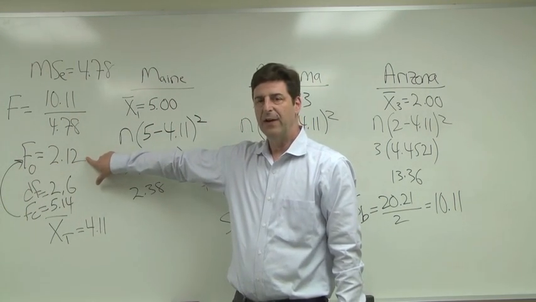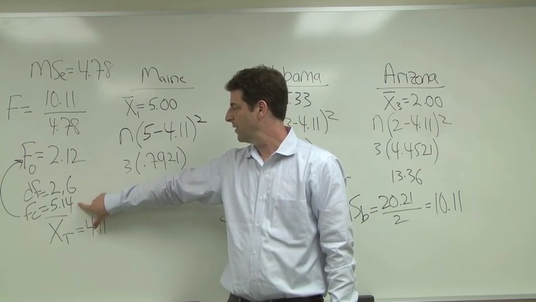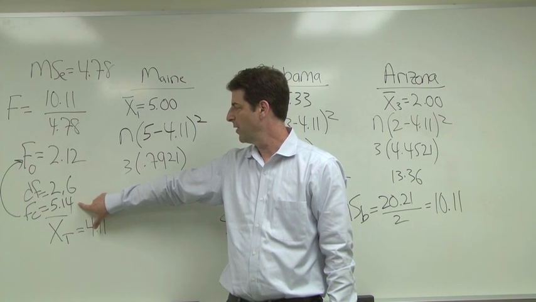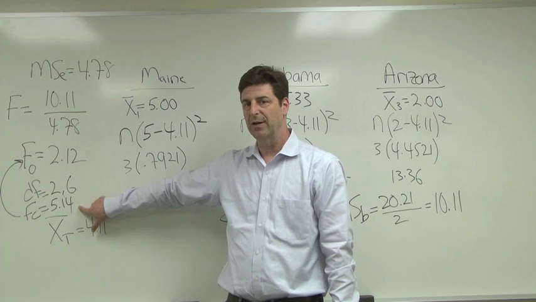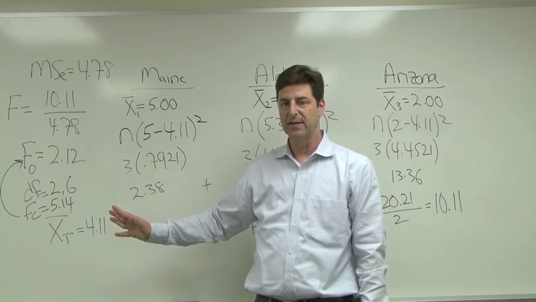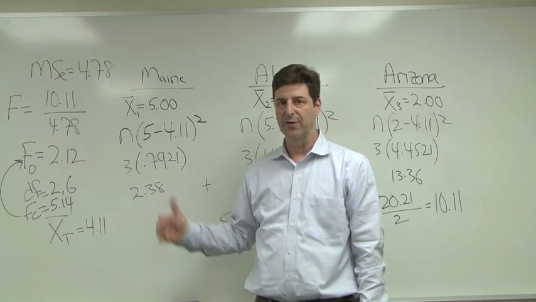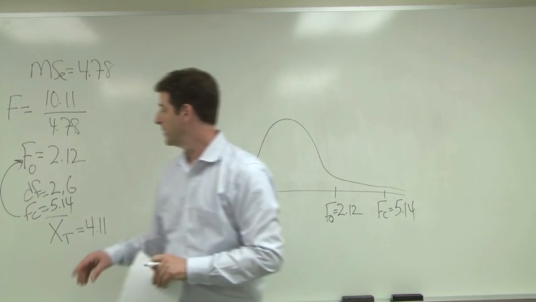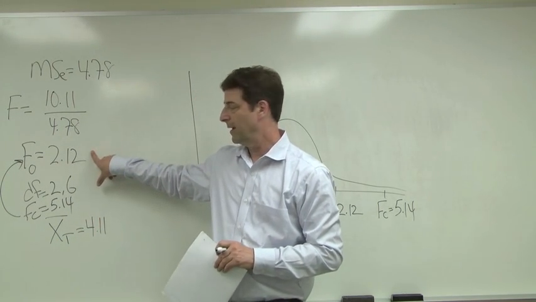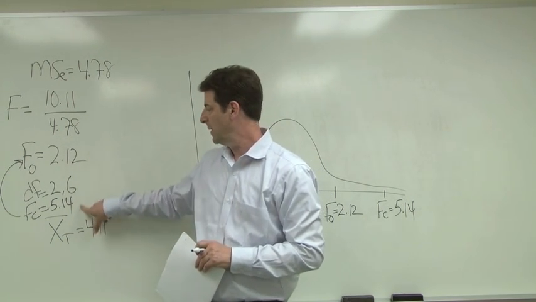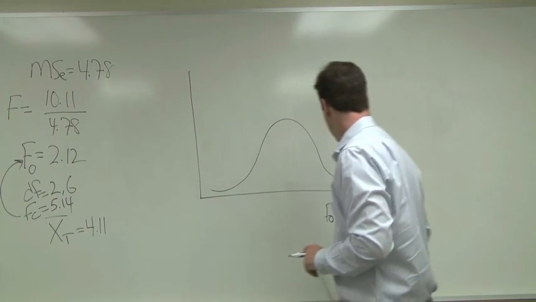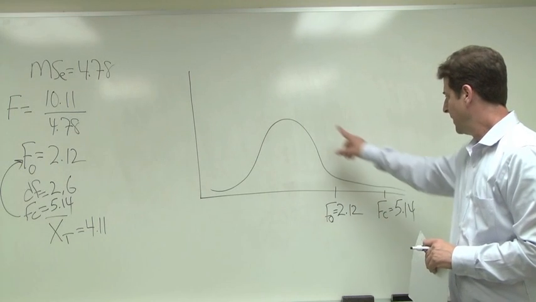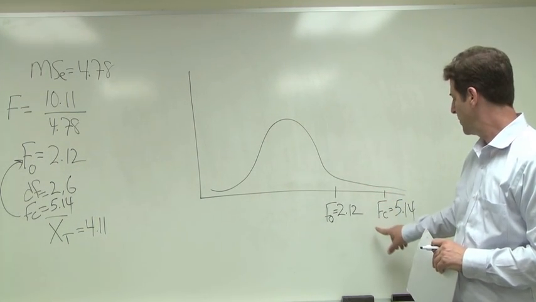Our observed F value is 2.12. Our critical F value is 5.14. Our observed F value does not exceed our critical F value, so our results are not statistically significant. I'm going to draw a graph and show you what this looks like. We calculated an observed F value of 2.12, and we looked up a critical F value of 5.14. If you look on the graph, this is an F distribution.